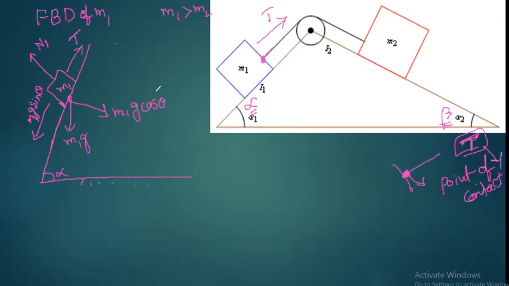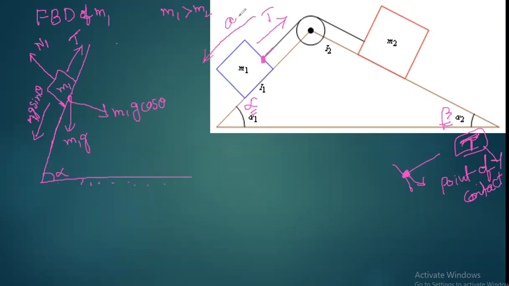Now, can we write the equation? Yes, why not? It's so easy. Are you agreeing with me? Come on, let us write the equation. Now, observe how the body is moving. That is important. Here M1 is greater than M2, that means M1 is going down, right?